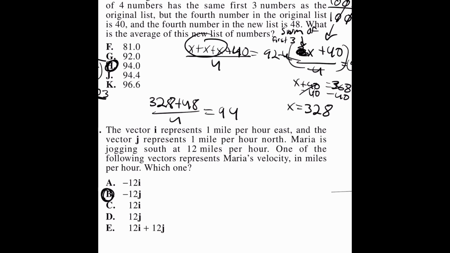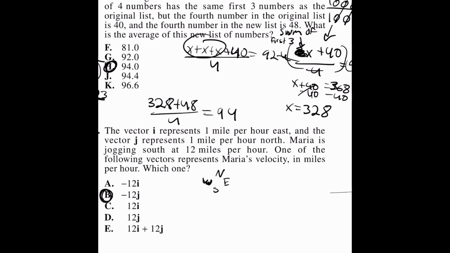Okay, so first of all, we want to figure out north, east, south, west. An easy way to remember this is: never eat sour watermelon. So when it comes to vectors, we know that vector I is going east for 1 mile per hour.